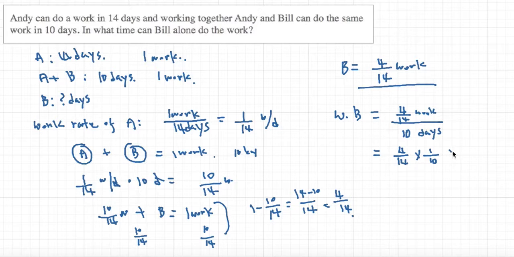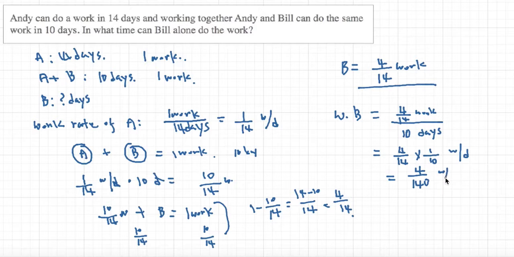The unit should be work per day, which is 4 over 140.